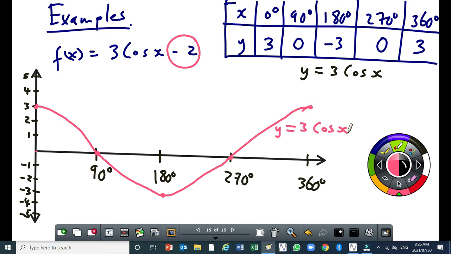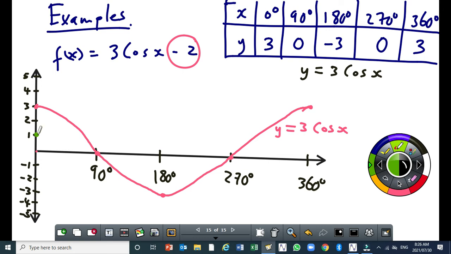So let me plot the points for f of x. I was thinking of introducing another row there, but because of space, I won't do that. That 3 there, if you subtract 2 from it, becomes 1. So when x is 0, y is going to be 1. This point moves 2 units downwards.